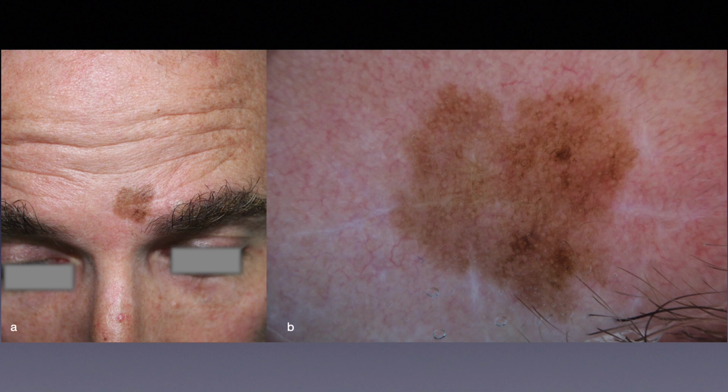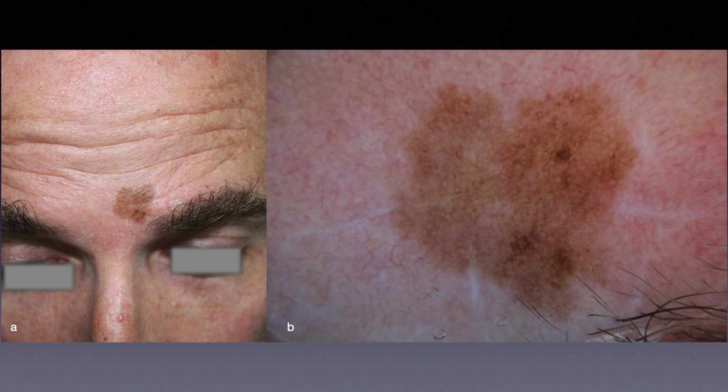Another important aspect to consider in sun-damaged skin is when you do have a lesion that is suspicious, so you look at it and you might not like it. Considering that sun-damaged skin we usually see on the face, it is very normal that we will perform incisional biopsies for these lesions.